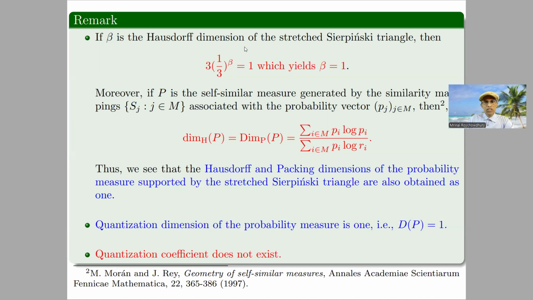If beta is the Hausdorff dimension of the stressed Sierpinski triangle, then by the standard formula, we get beta equal to 1.